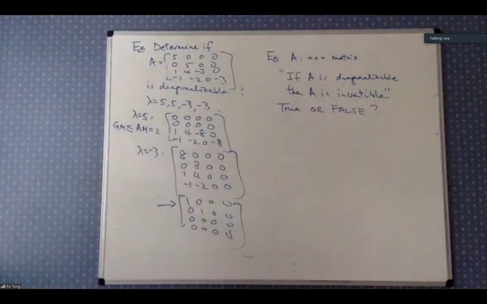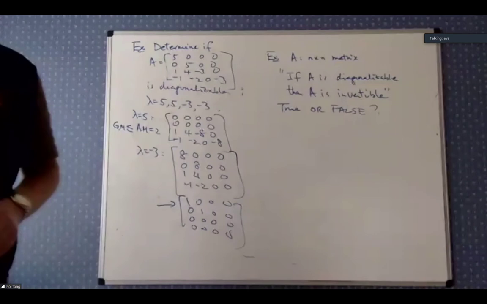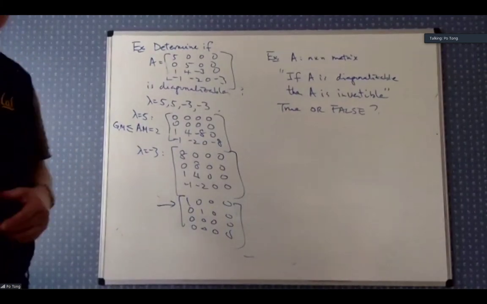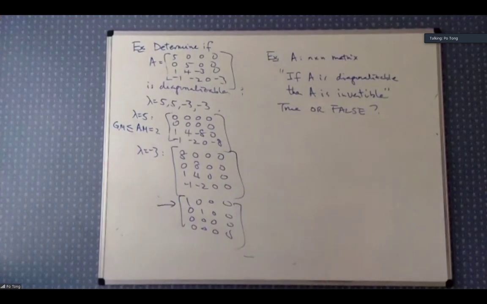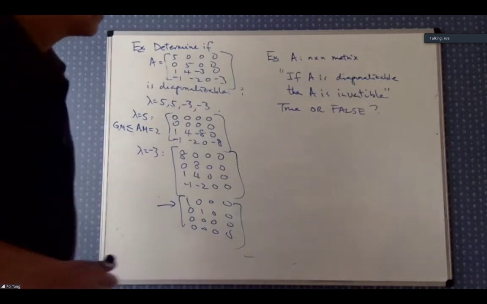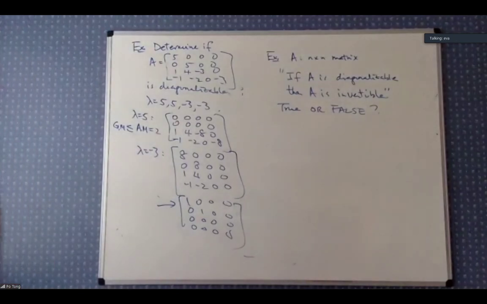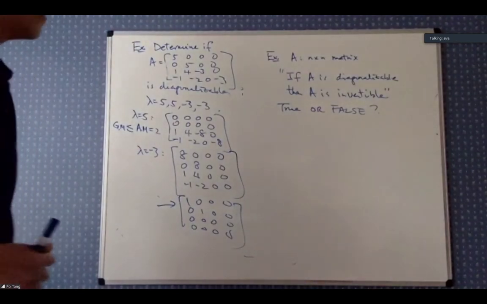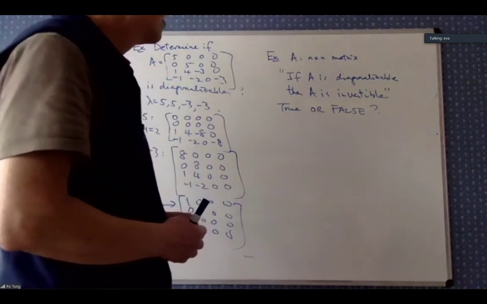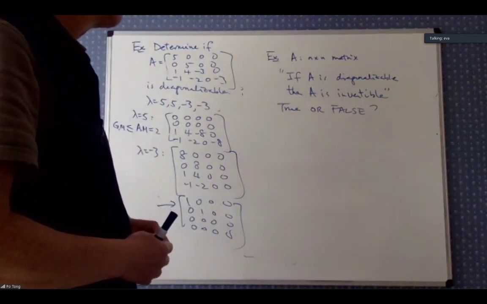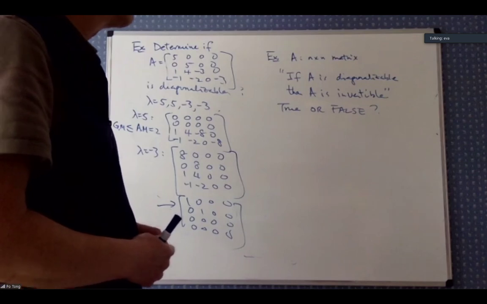I think it's true. You think it's true? If you think it's true, you have to explain it. If you think it's false, you have to give a counter example. I think it's true because if it's diagonalizable, then you need n linearly independent eigenvectors.